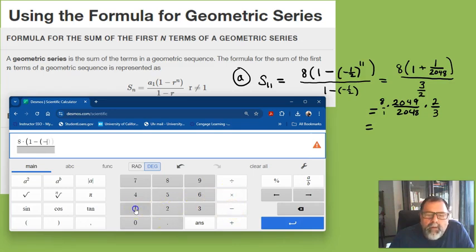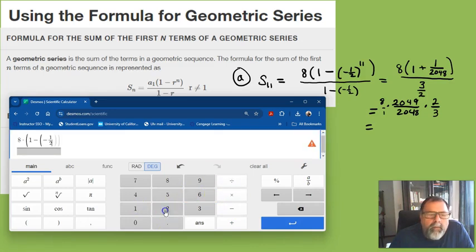So negative 1 divided by 2, close parenthesis, and then power, in this case 11, and then close parenthesis. Now the bottom, 1 minus a minus 1/2.